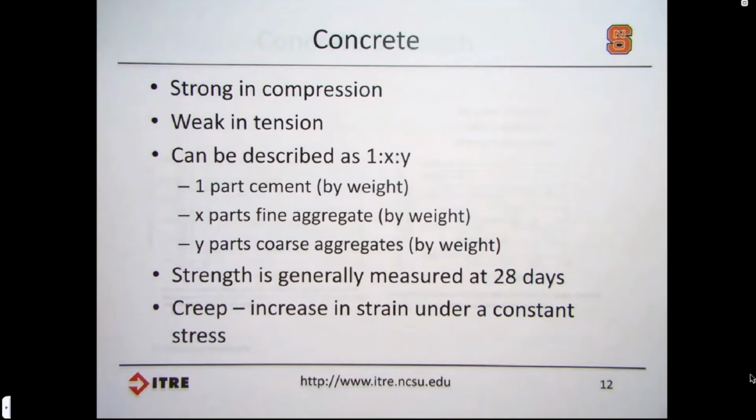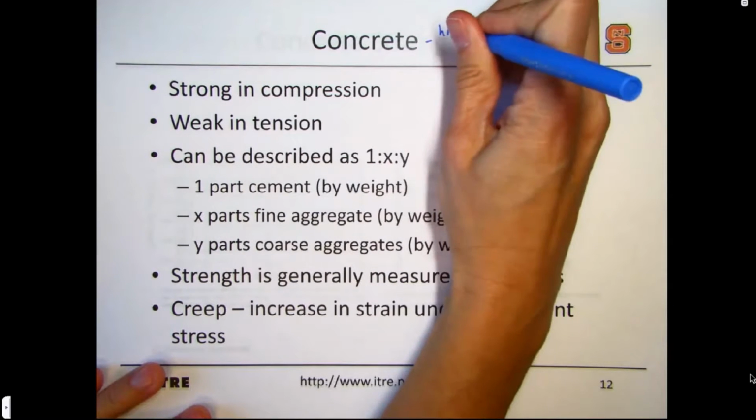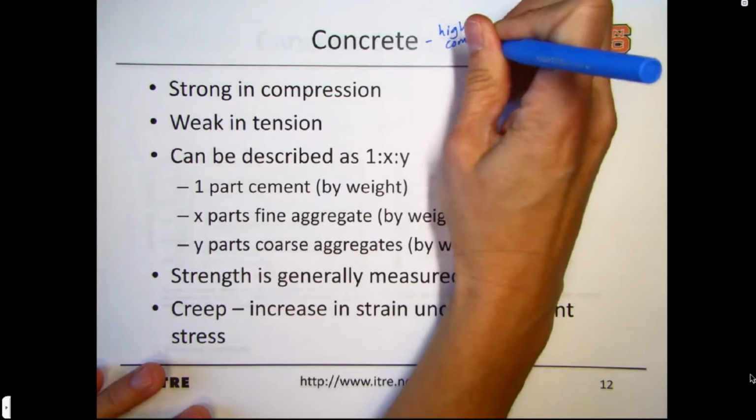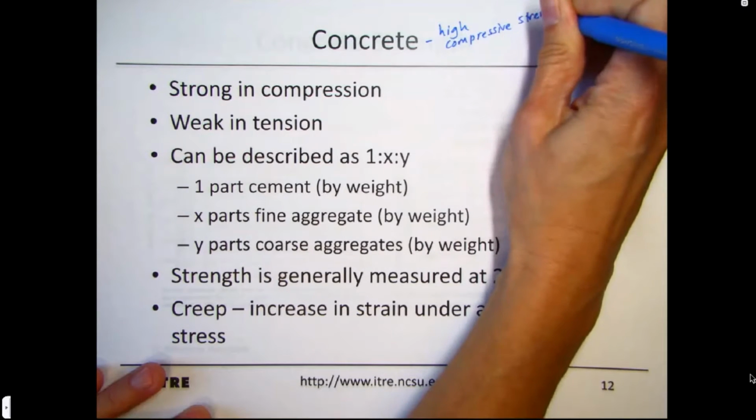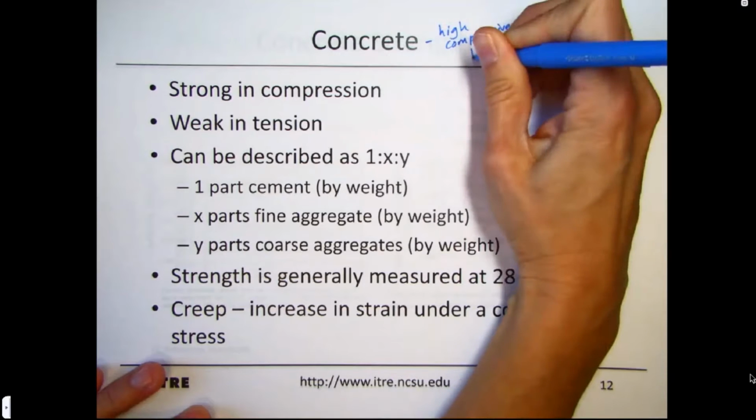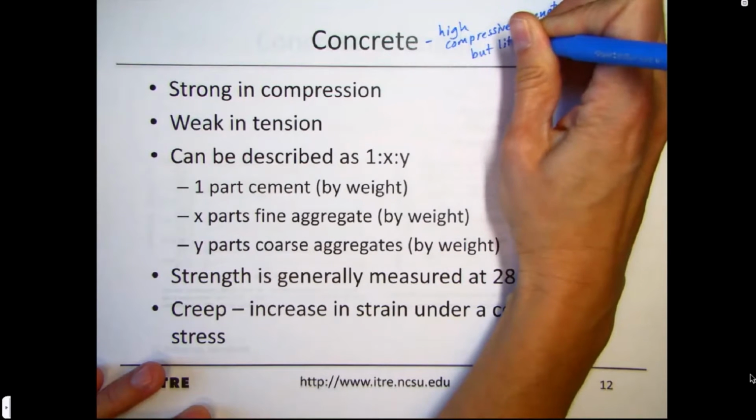So plain concrete, it's going to have that high compressive strength, but little tensile strength. All right, so I can write that on here too. So high compressive strength, and this is probably something you're all very familiar with, but little tensile strength.